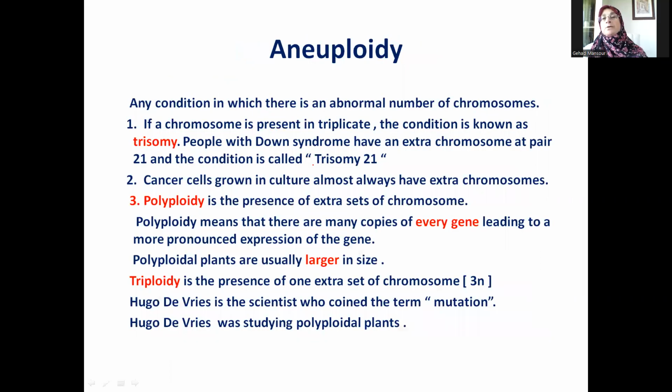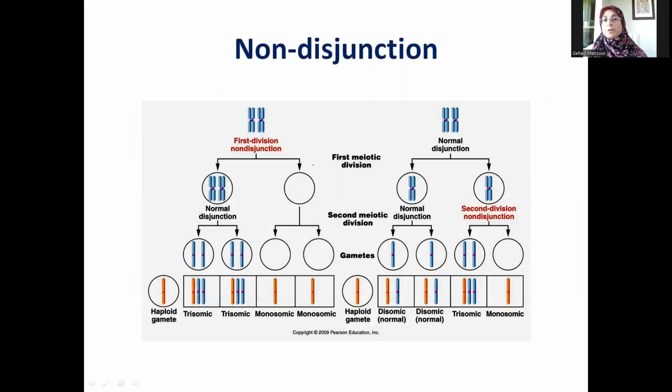Here we can see another example that is a bit more complicated of non-disjunction. This shows you that, of course, we are talking about non-disjunction in meiosis, not in mitosis, because you have a homologous pair of chromosomes.